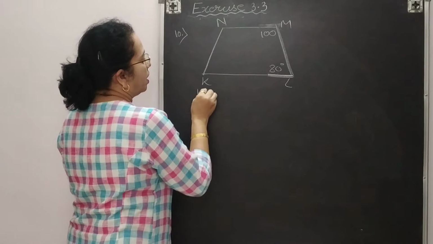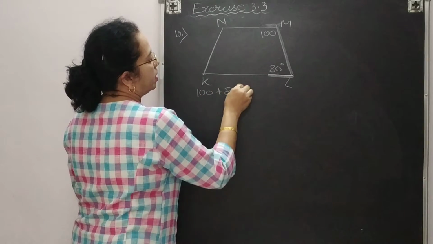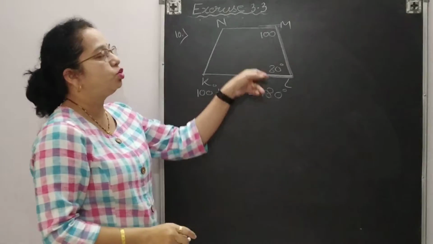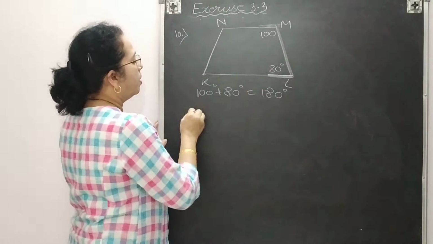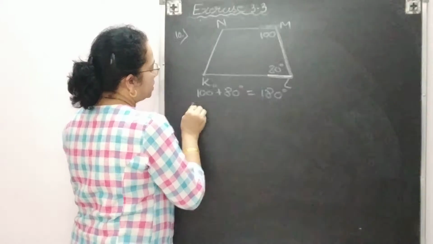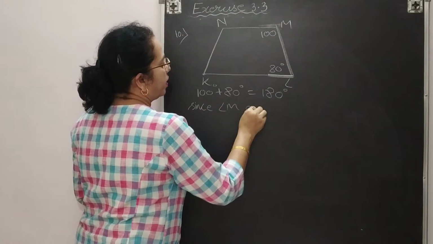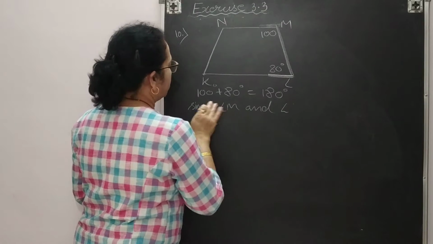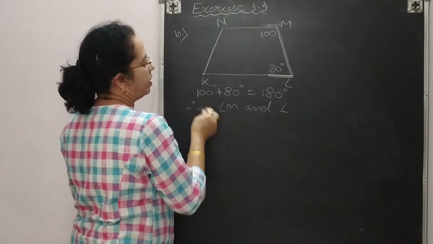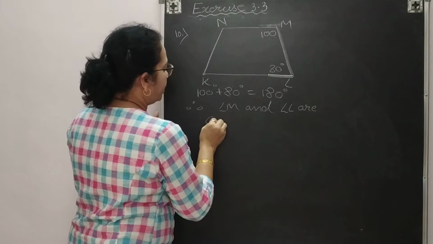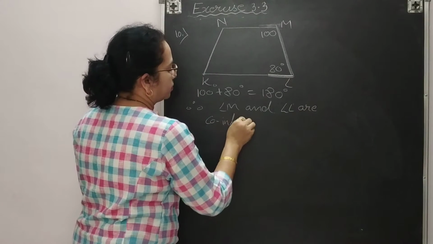Write down here 100 plus 80 is equal to 180 degree. It means you are getting the sum of these two angles is 180 degree, and therefore angle M and angle L are co-interior angles.